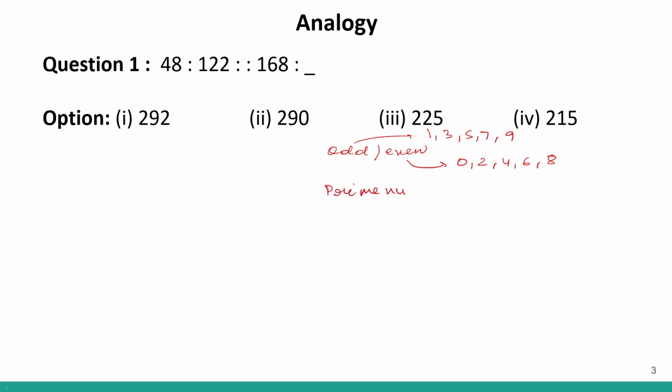Prime numbers, at least from 1 to 100. What are the prime numbers between 1 to 100? Between 1 to 100, how many prime numbers are there? There are 25 prime numbers between 1 to 100.